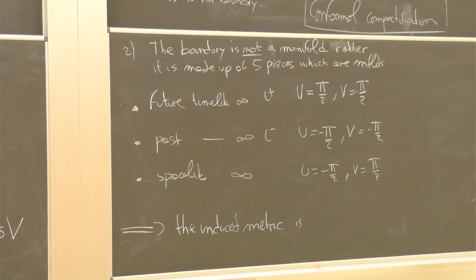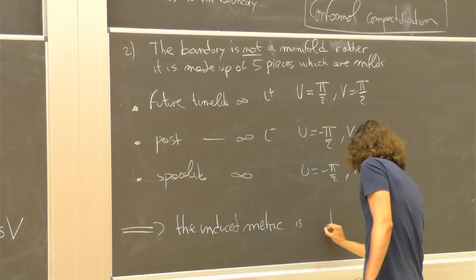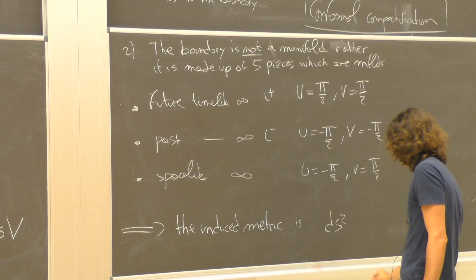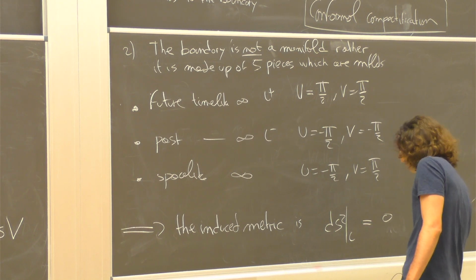This is 0 because we are just restricting at u and v equal constant, but also this is going to be 0 because we are at this boundary. So the unphysical metric ds squared restricted to this iota point is identically 0.